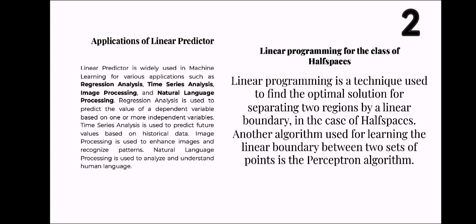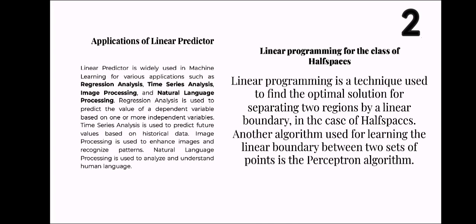Time series analysis is used to predict future values based on historical data. Image processing is used to enhance an image or recognize patterns, and it's very popular nowadays. Natural language processing is used to analyze and understand human language.